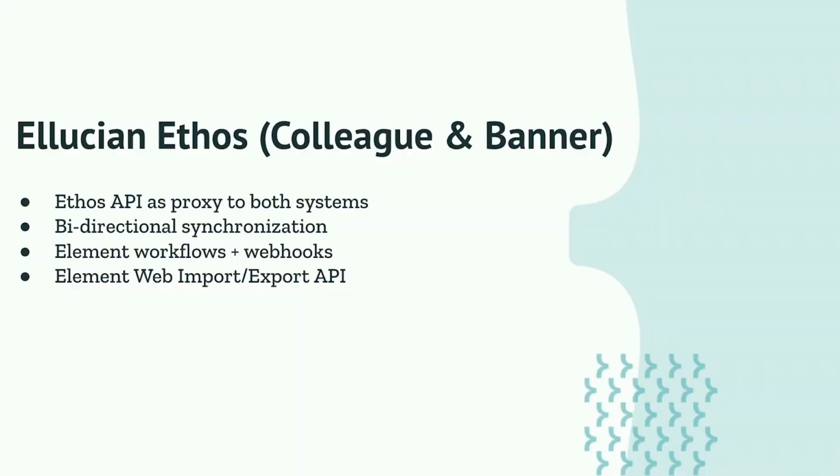The next one is a lot more complex. It's Colleague and Banner. We are using Ellucian Ethos as a proxy. They built an API, so we are able to read and send the data into both those systems. We've created a bidirectional integration with their system.